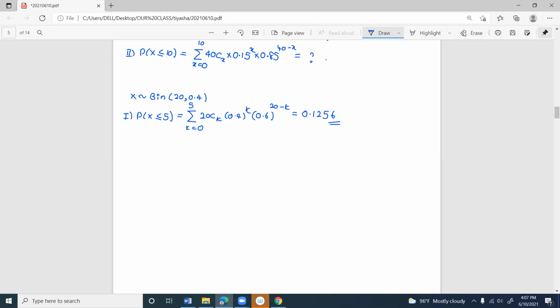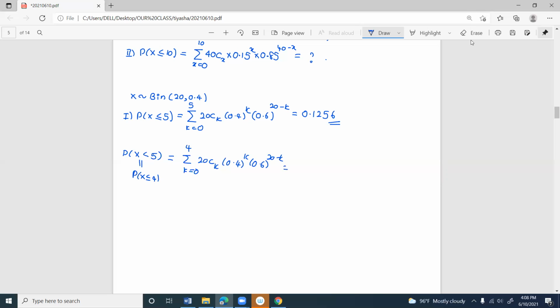Then you happen to see X is less than 5. If it is less than 5, what you can understand is that 5 is not included. Therefore, you can say summation k goes from 0 to 4, because this is similar to the probability of X less than or equal to 4, since 5 is not included. 20 C k, again the same thing, 0.4 to the power k, 0.6 to the power 20 minus k is the answer for that.